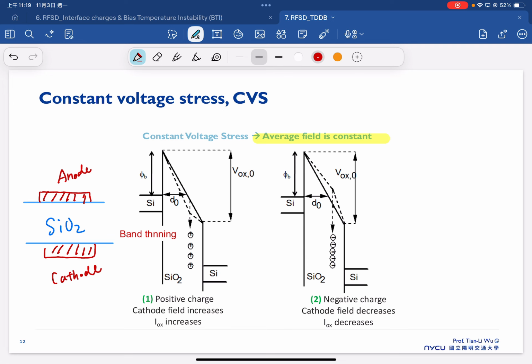So in the first phase, we see the slight increase because in the beginning there are positive charges, and therefore the cathode field increases, and then the current increases.